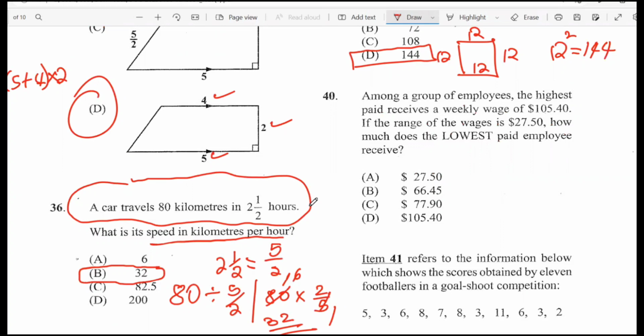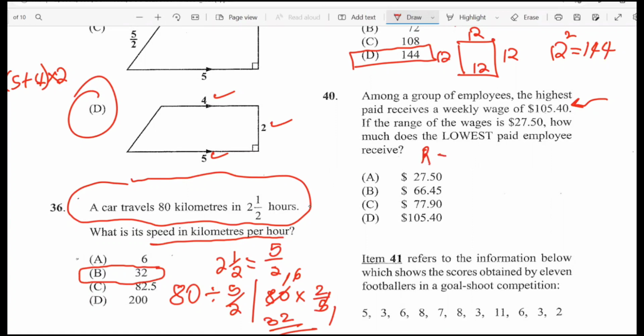Among a group of employees, the highest paid received a weekly wage of $105.40. If the range of wages is $27.50, how much does the lowest paid employee receive? You want to understand what range refers to.